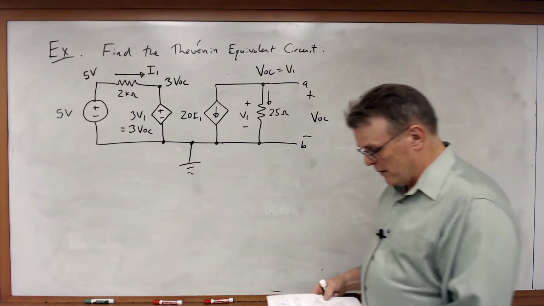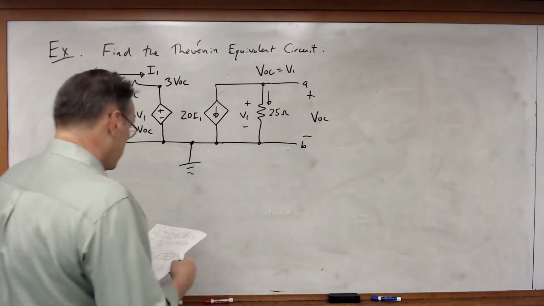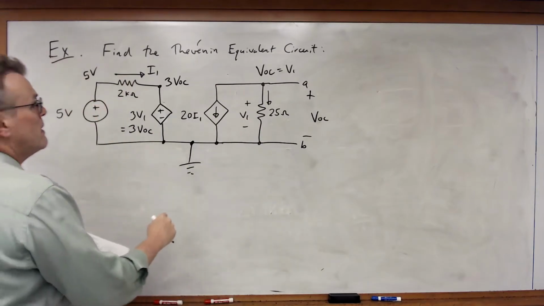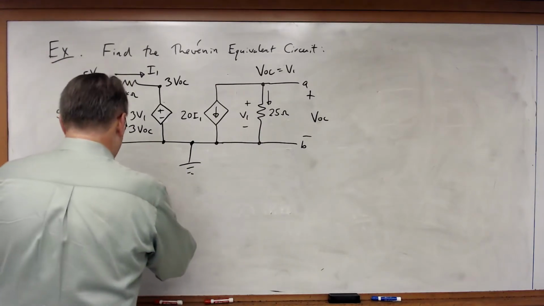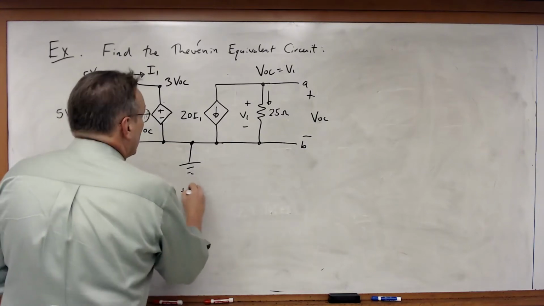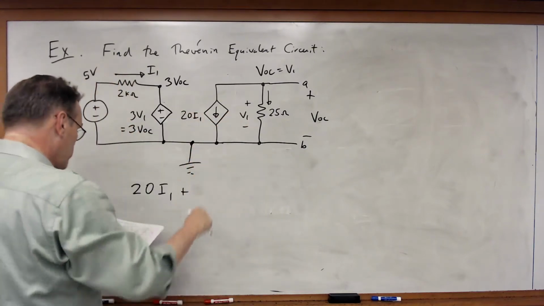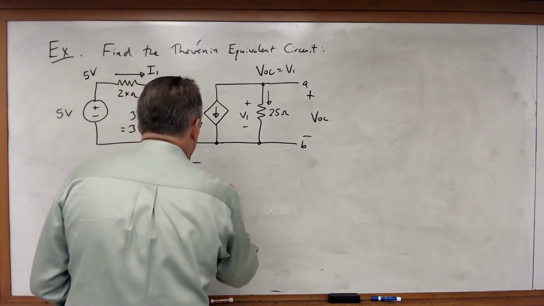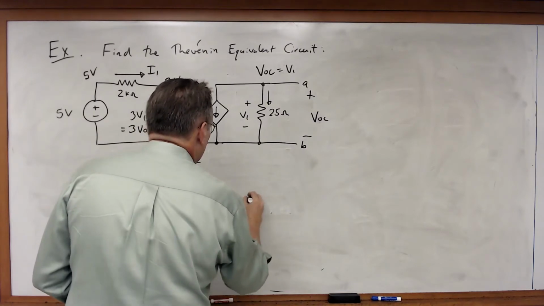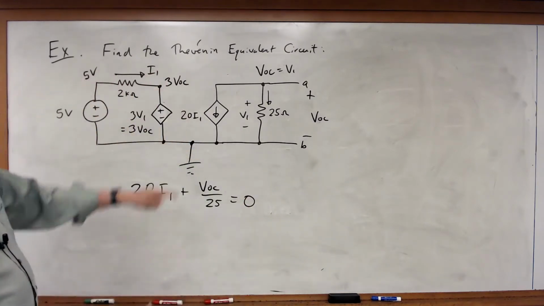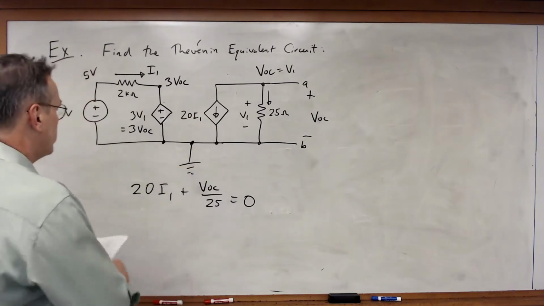So in this case, what I will have then is 20 I1 plus VOC over 25 must be equal to 0, and that is the KCL equation at this VOC node.